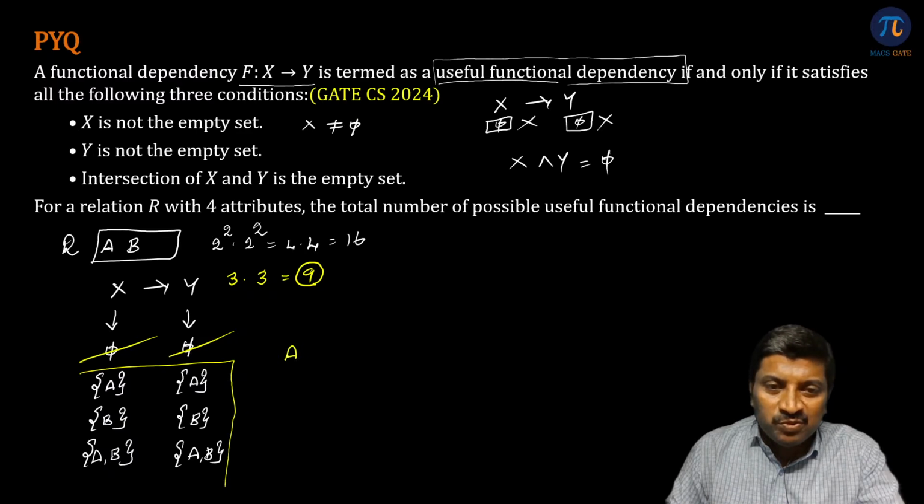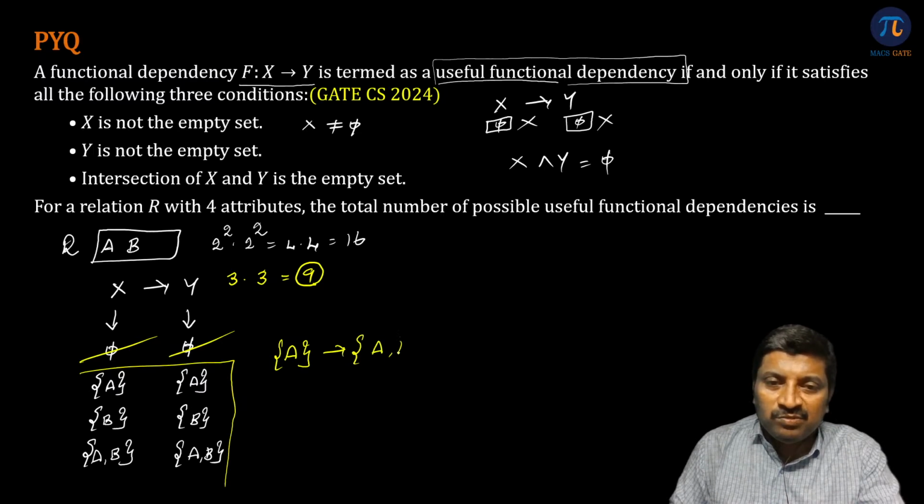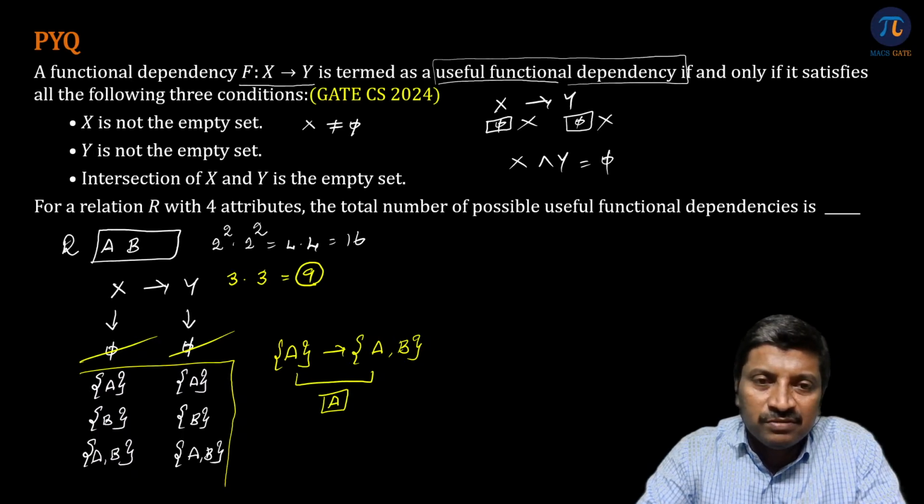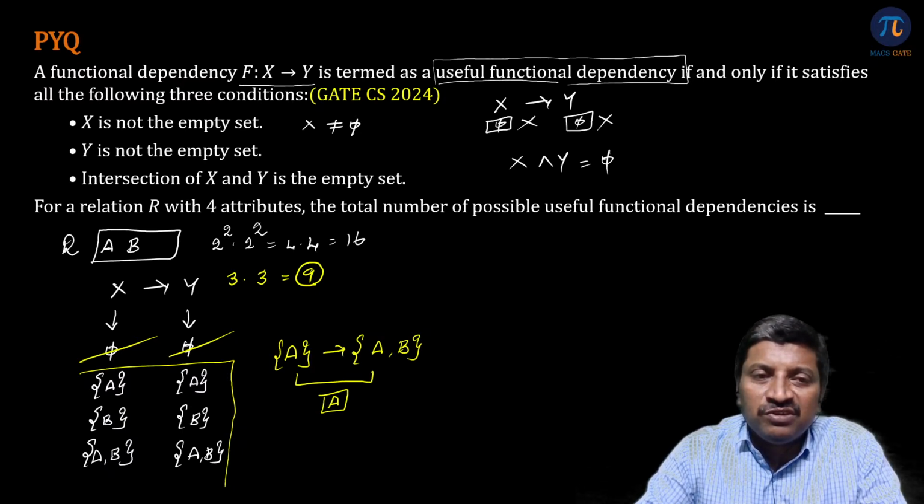That means suppose I have the left side as A. On the right side, I should not write A comma B, because what is the intersection of these two? A. So the functional dependency should not have any common element. This is the story, sir. Am I clear in this? So this one we need to continue.